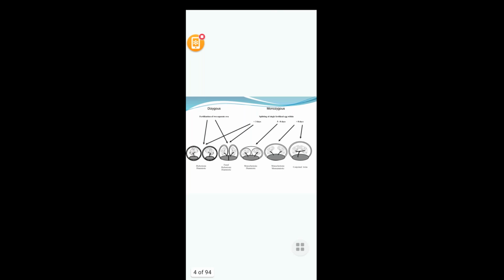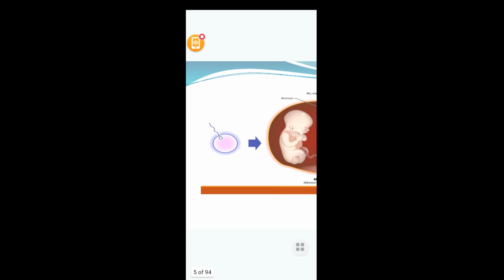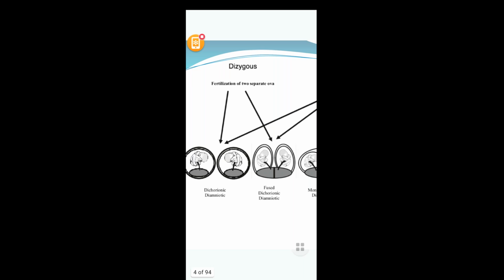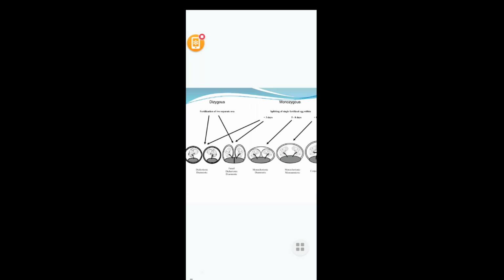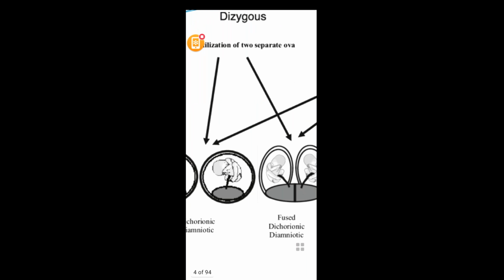Dizygous and monozygous, this is how the picture tells you. What do you mean by monozygous? What do you mean by dizygous? Mono itself is telling that it is 1. Di is 2. Dizygous is fertilization of 2 separate ova.